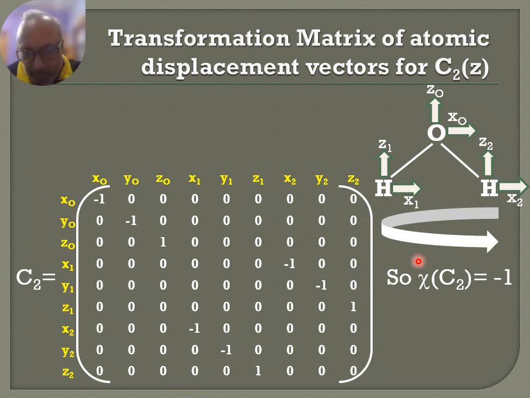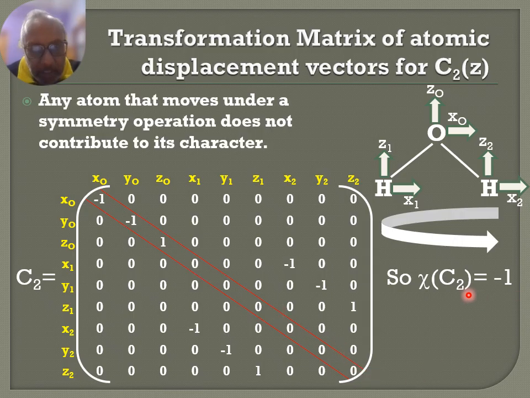So we have this matrix which has the character equal to minus 1. It is -1 plus -1 plus 1 is equal to -1.